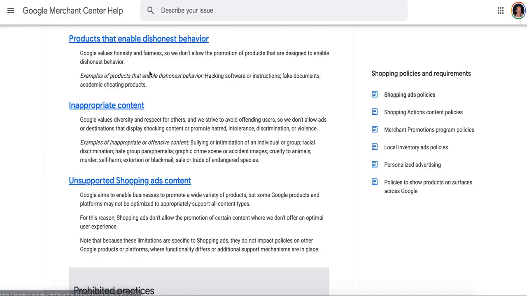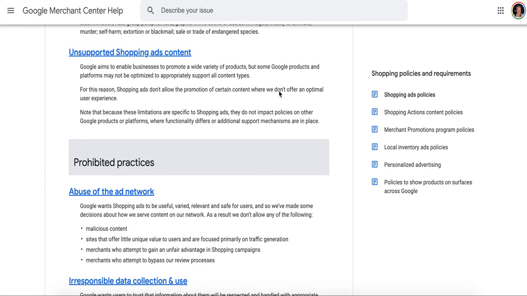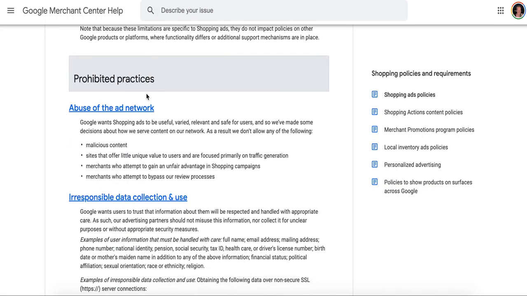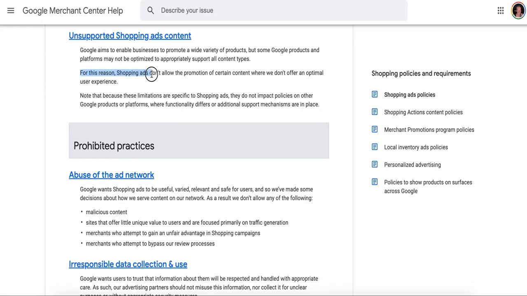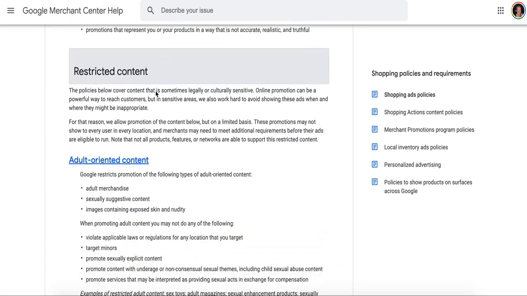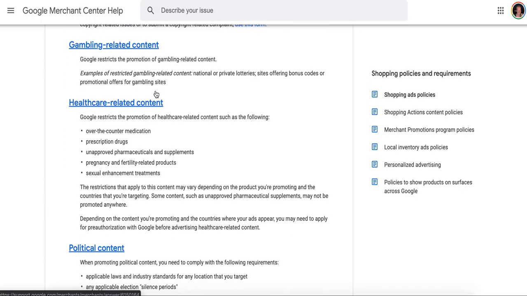Products that enable dishonest behavior, hacking software, instructions, fake documents, that's not much of a thing. Inappropriate content, let's see. Bullying, intimidating, and so on. Nothing big there. Adult-oriented content, alcoholic content, copyrighted content.